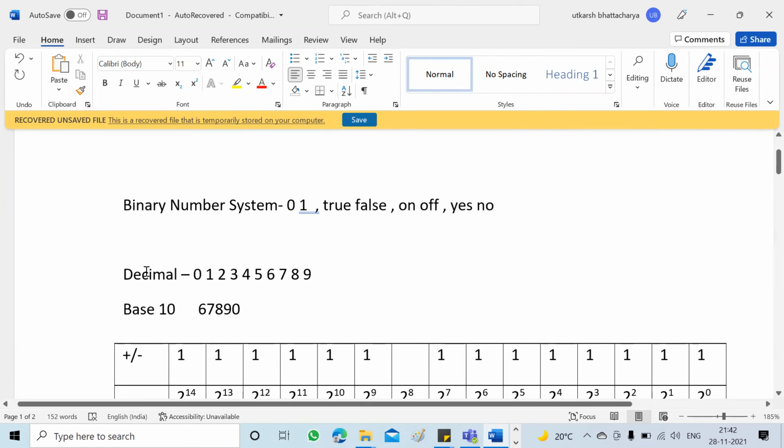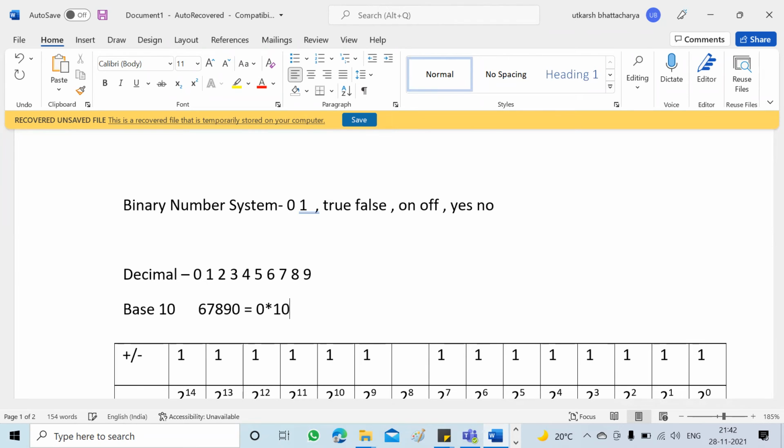Now, how is this number made? It is made like this: 9 into 10 to the power 0.